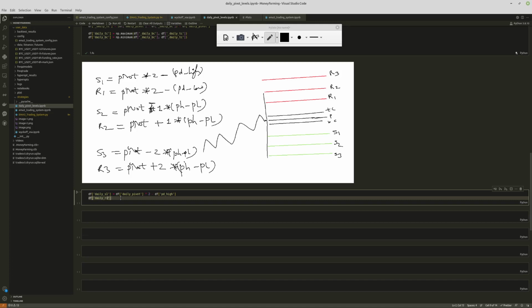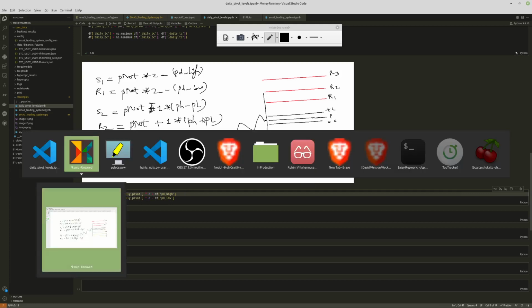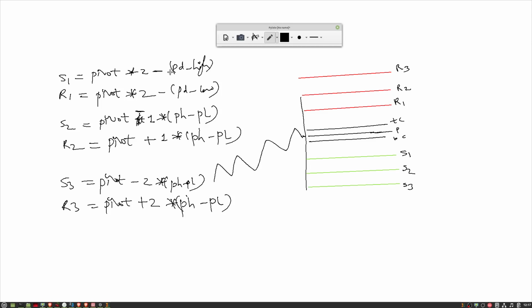Daily R1 is going to be df dot daily pivot into 2 minus previous day low.